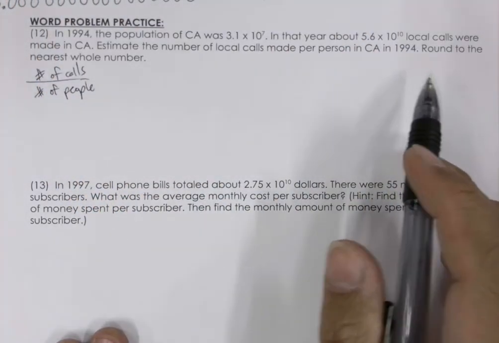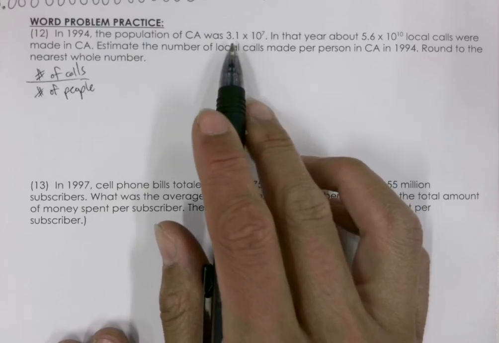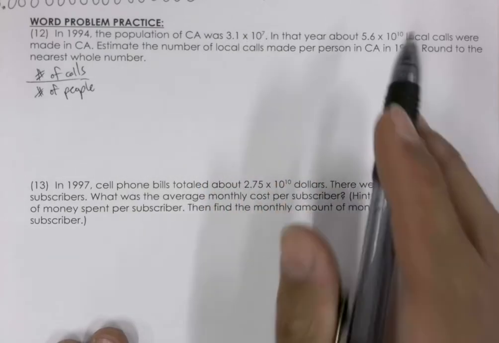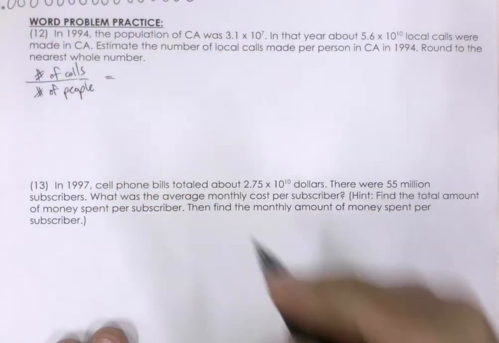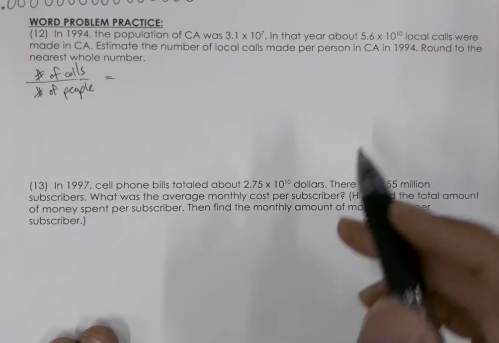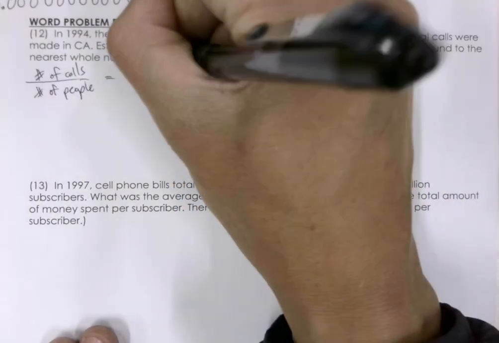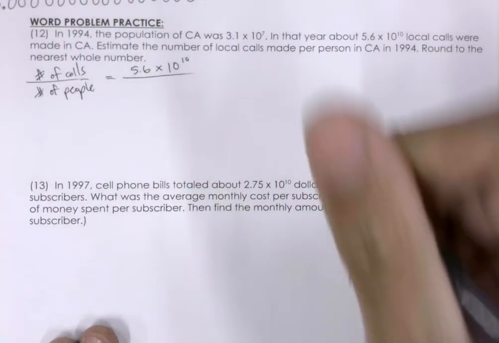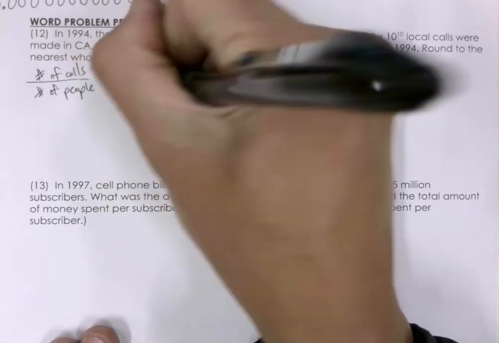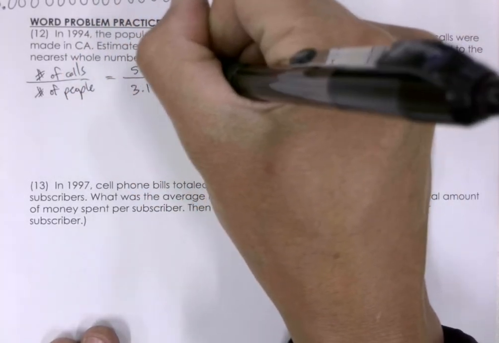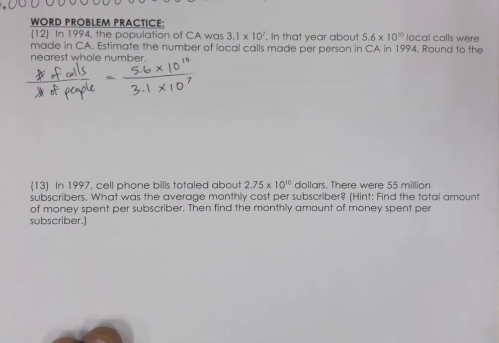Right? So we have the number of people, and we have the number of calls. Right, so we can go ahead and just substitute those values in. So the number of calls is 5.6 times 10 to the power of 10 over 3.1 times 10 to the power of 7.